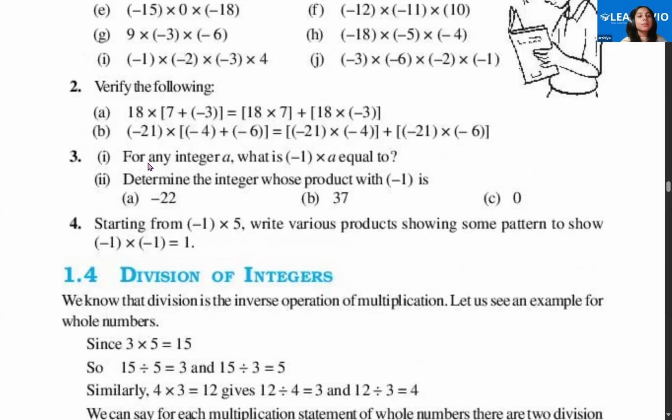All right, so now there's a question. They are saying determine the integer whose product with -1 is -22. So what should I multiply with -1 so that I get -22? What do you guys think? Can you tell me the answer, or should I explain?